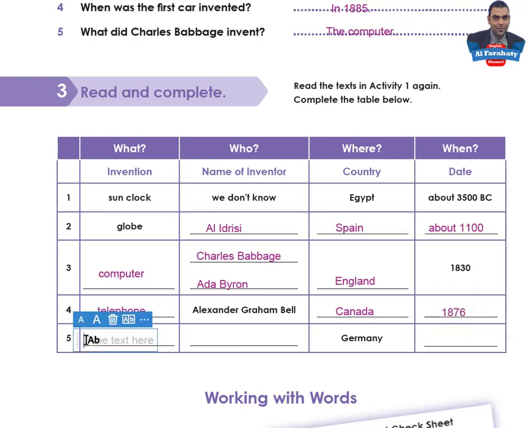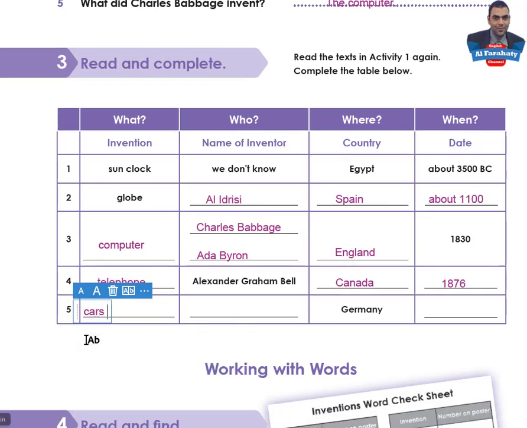Number 5. Cars that used petrol. Carl Benz and Gottlieb Daimler.